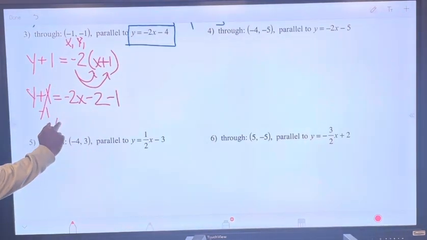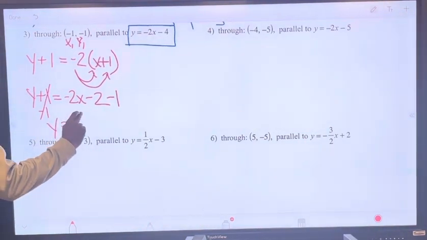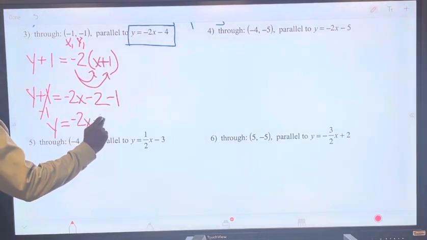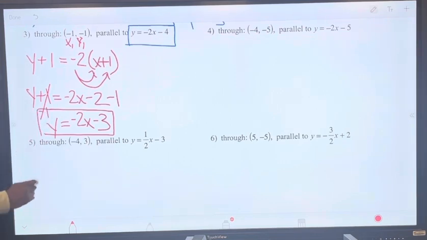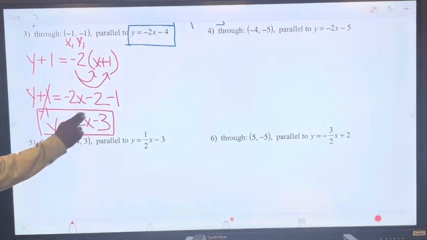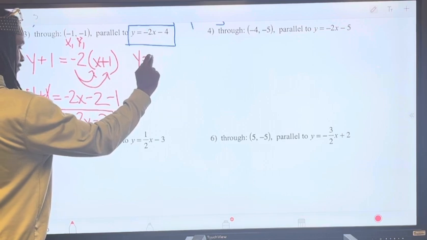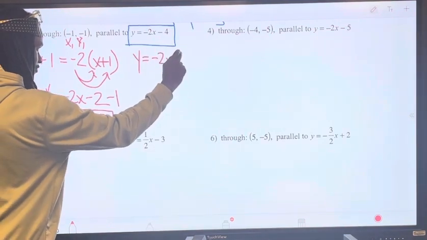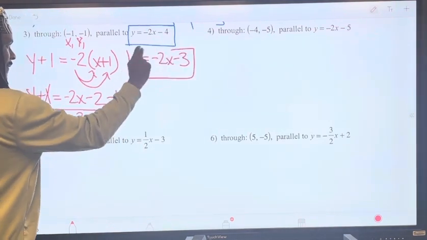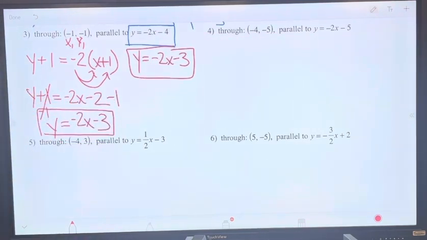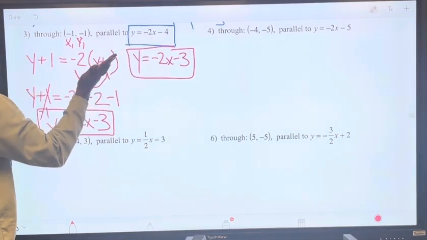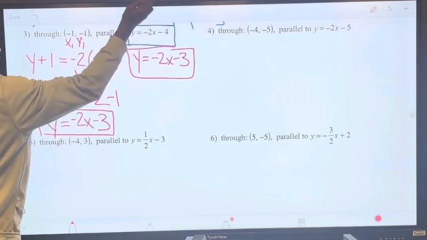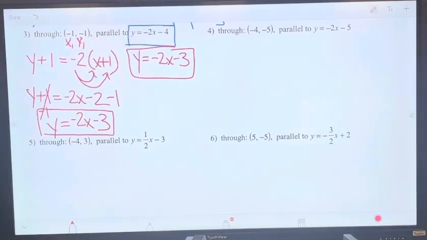The 1's cancel, giving me y equals negative 2x minus 3. There's your answer for number 3. Similar slope, one crosses at negative 4, the other crosses at negative 3.